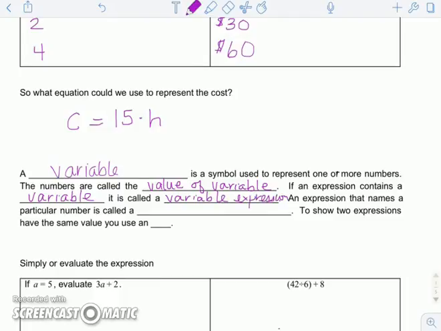An expression that names a particular number is called a numerical expression. We show that two expressions have the same value by using an equal sign. So an expression has no equal sign. An equation has an equal sign.